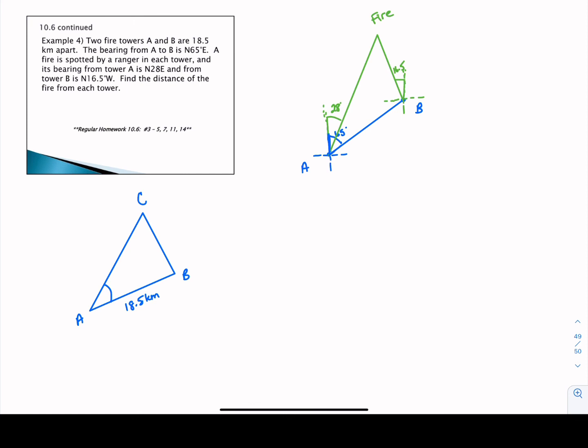So if we subtract 28 degrees from 65 degrees, it's going to be the size of that little wedge inside the triangle. So 65 minus 28 is going to give us 37 degrees. So the interior angle of that triangle is only measuring 37 degrees. So we've got one angle sorted. We can find our last angle now.